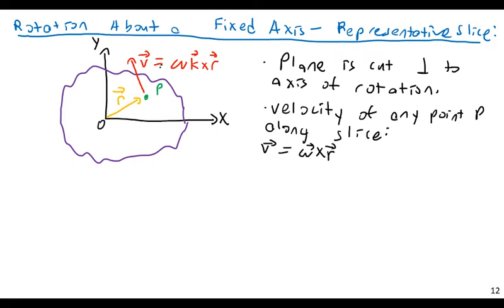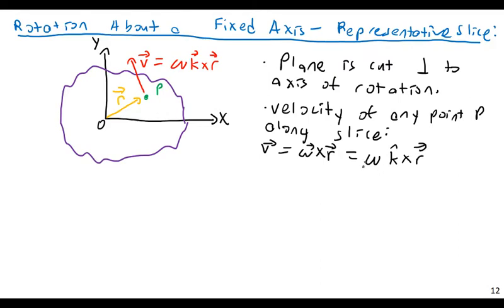So pay attention here, I had an omega scalar here. So omega vector cross r, which is equal to omega scalar times k vector cross r vector.